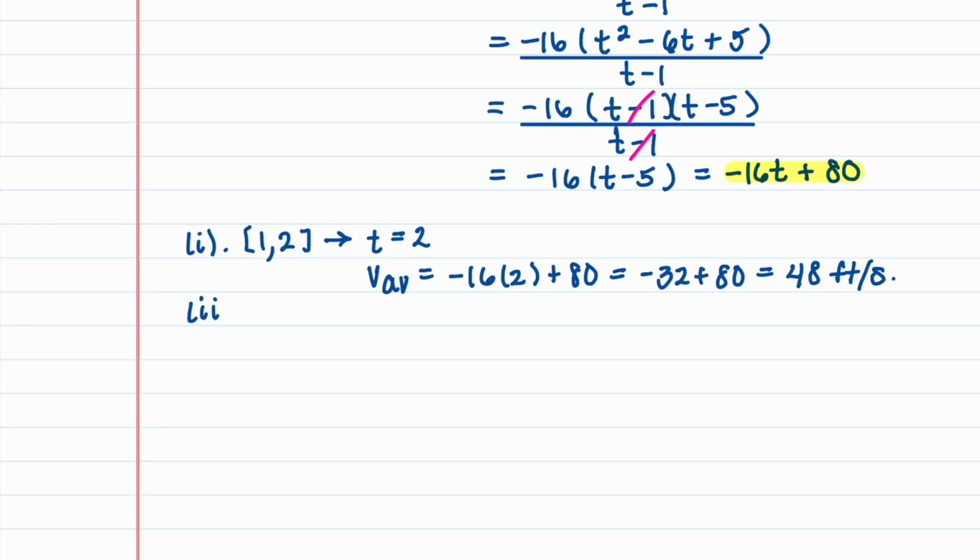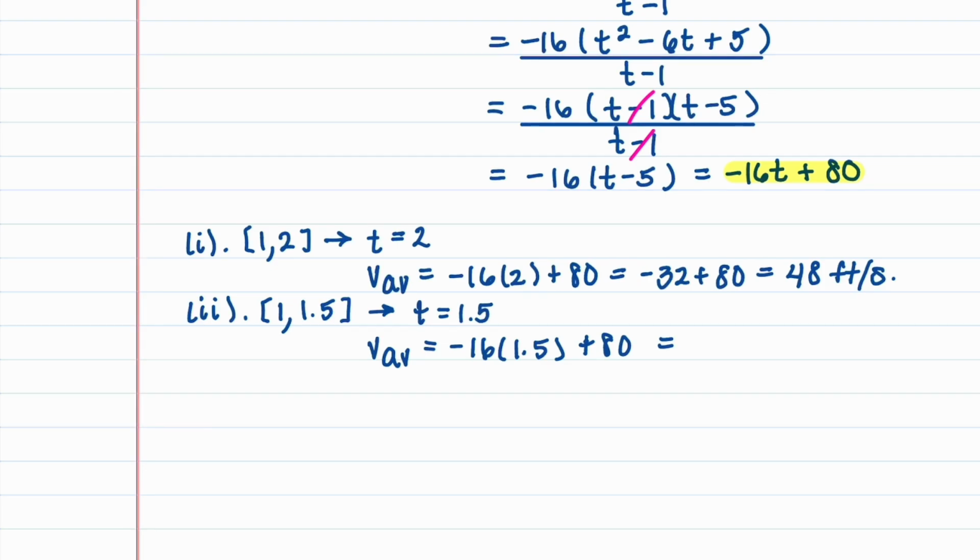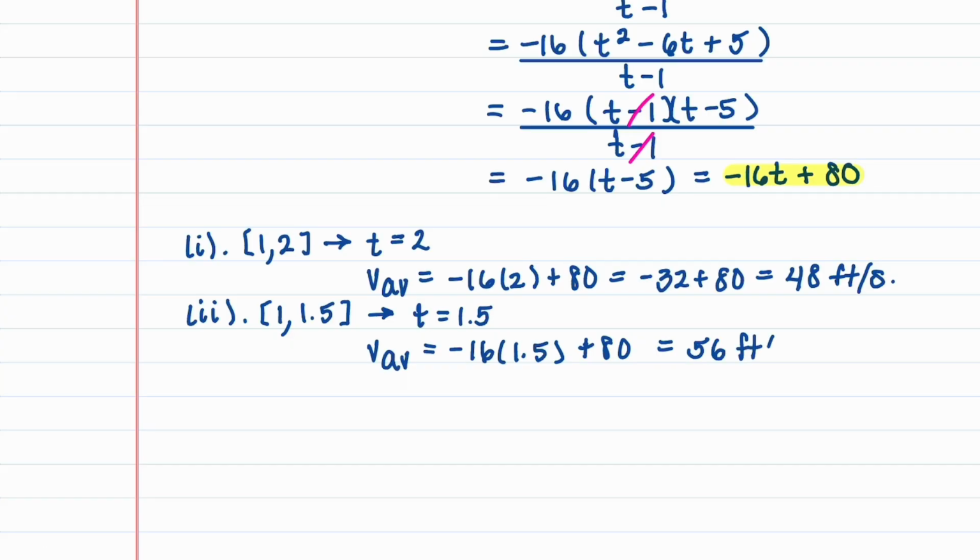Now let's look at our second interval. It goes from 1 to 1.5. So t is 1.5. Our average velocity is then minus 16 times 1.5 plus 80. You can throw that into your calculator, and you would get a value of 56 feet per second.